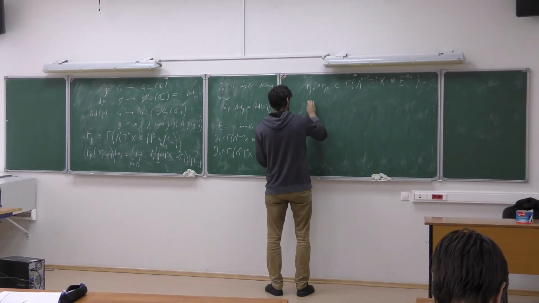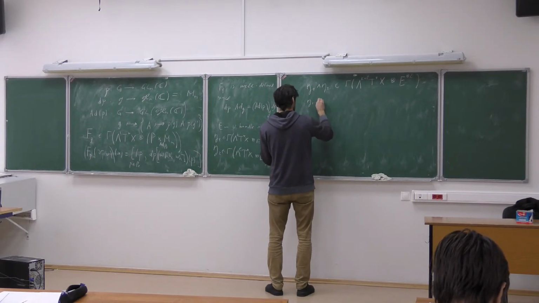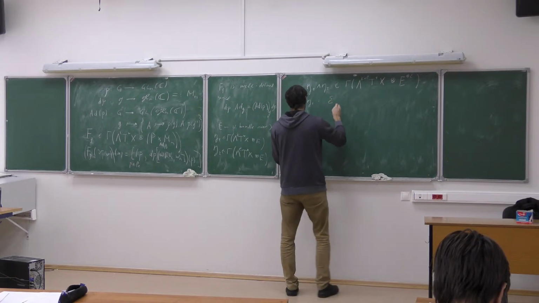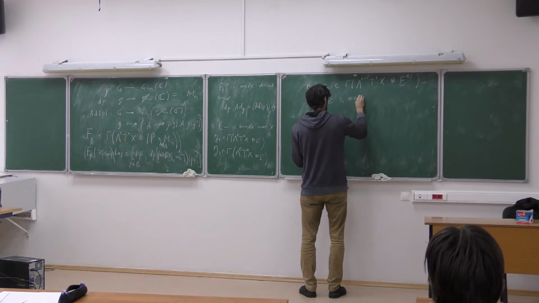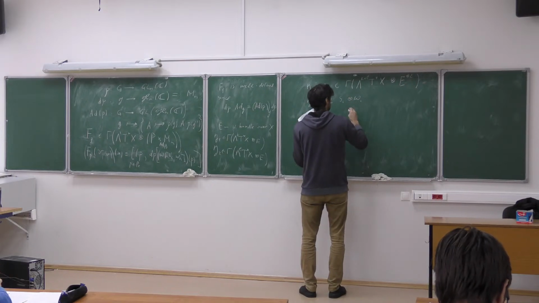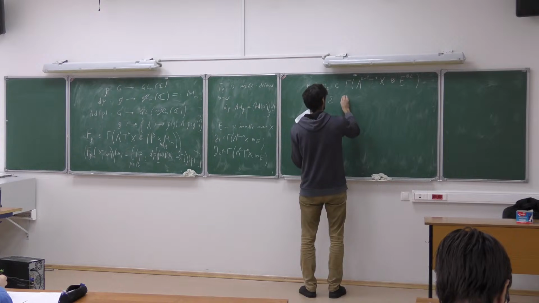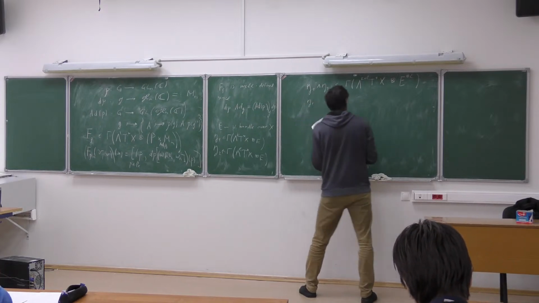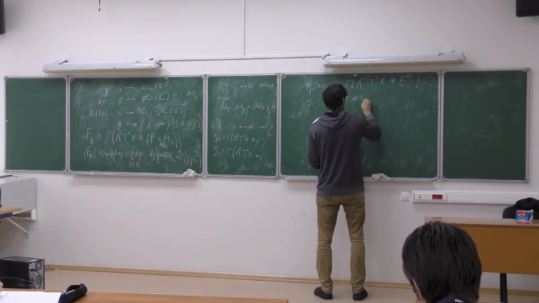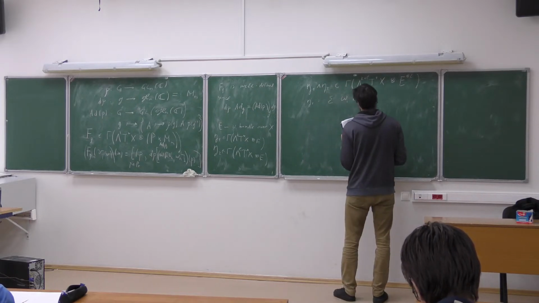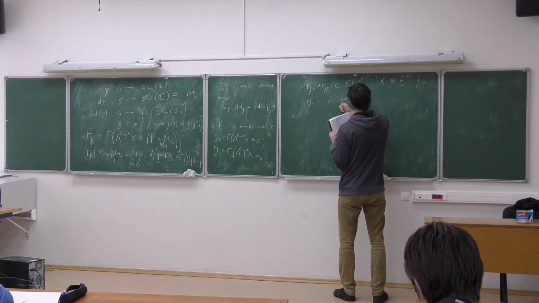So I just do it using two expansions. So eta 1 is some expansion like this, omega I tensor s I, right?